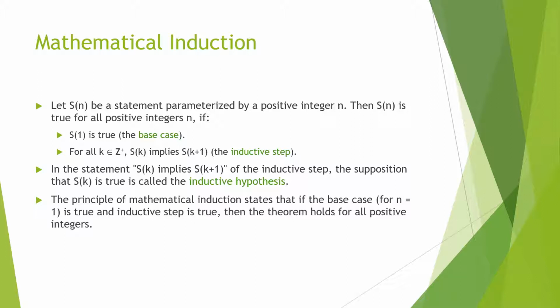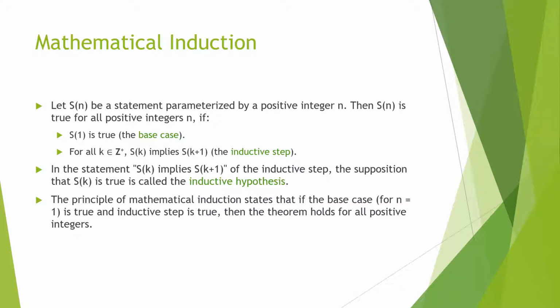Then you can prove that S(n) is true for every positive integer if and only if, first, you show that if you replace n by 1, then S(1) is true. This is called the base case of mathematical induction, or the base case of proof by induction. So you need to prove that the statement is true when you replace n by 1, which is the smallest value in the domain of n.